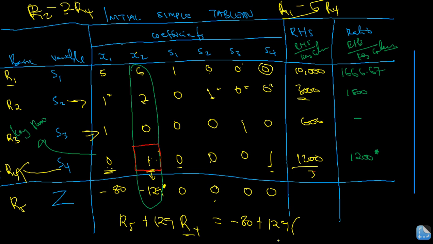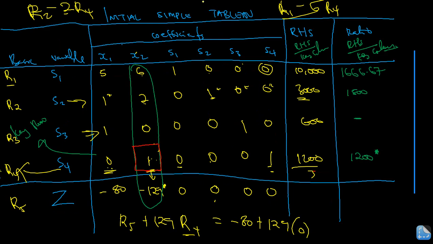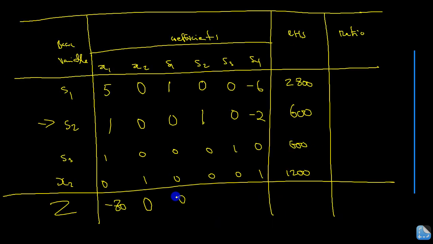R4 here is a 0, so we have negative 80. So we come here, we say negative 80. Okay, and then here it will be 0, plus 129 by 0. So what do we get? We get a 0.